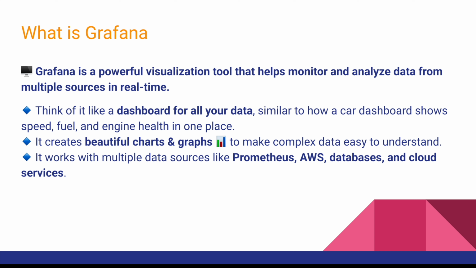Grafana is also an open source tool. It is a powerful visualization tool that helps you monitor and analyze your data from multiple sources in real time, and it creates beautiful charts and graphs so that you can easily visualize and understand your complex data.